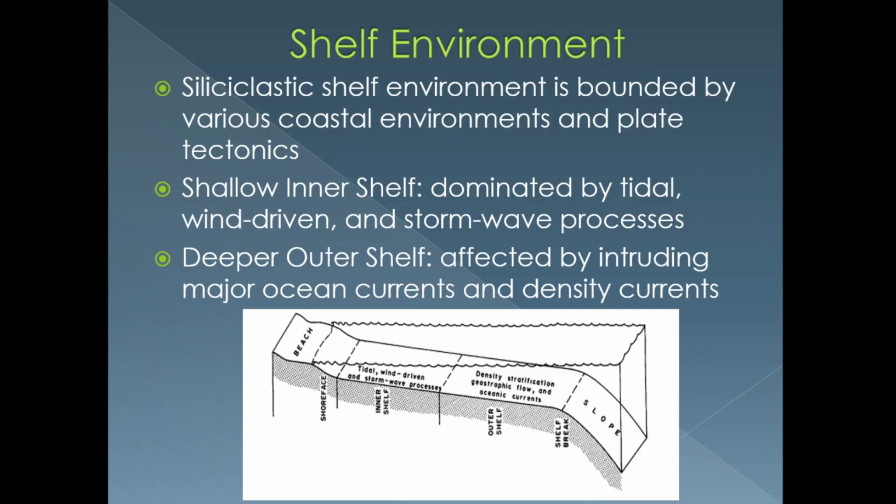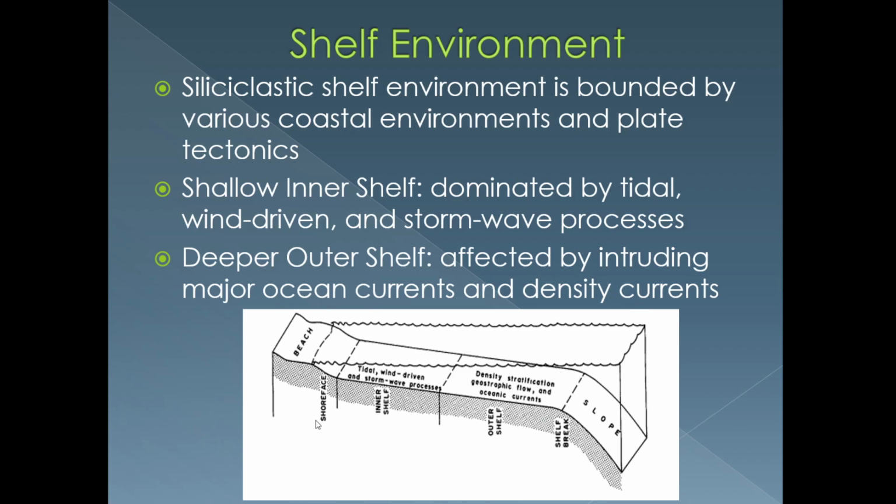So the siliciclastic shelf environment is bounded depending on the type of continental plate boundary it is at. And depending on those plate tectonics, it can determine the different sizes of the different subsections. So in this diagram, the shelf is split up into four different areas.